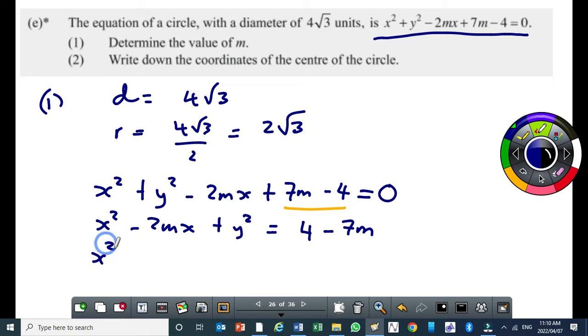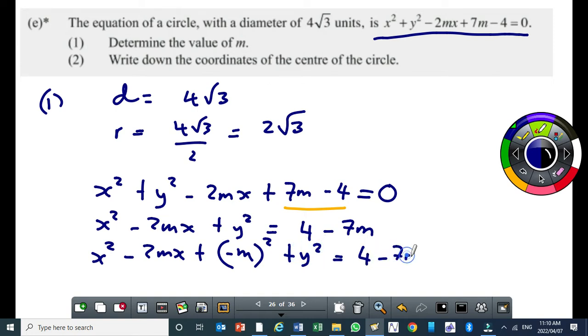So we end up having x squared minus 2mx plus minus m squared, right? Plus y squared, this will be equal to 4 minus 7m plus. Now, since I added this minus m squared, I have to add it on the right hand side. So that will be plus minus m squared, like that.